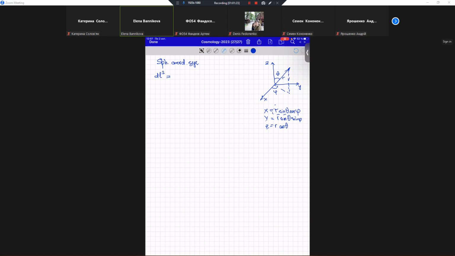Finally, for the element of length squared, you can prove again, if you put this into dx squared plus dy squared plus dz squared, you will finally obtain a very famous expression which you used many times, I'm sure.